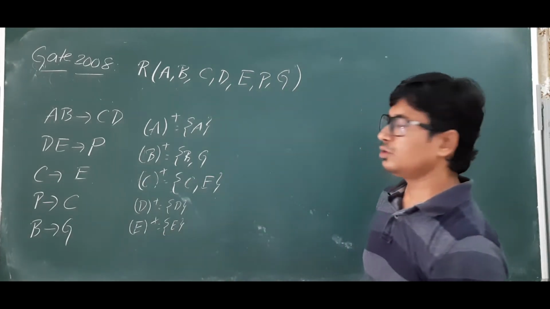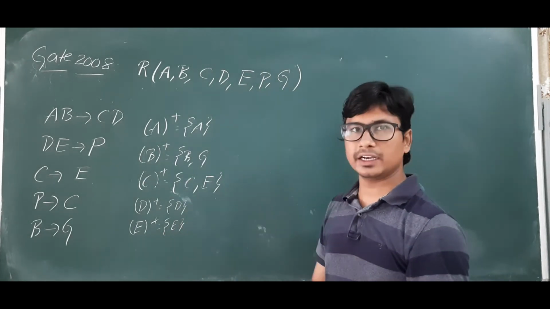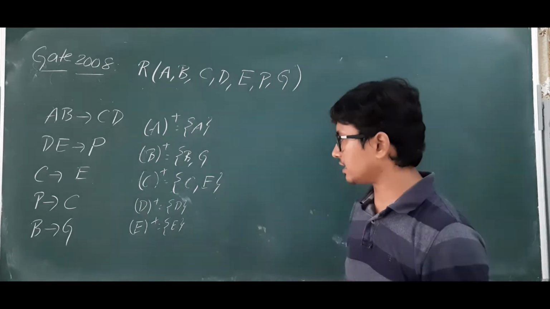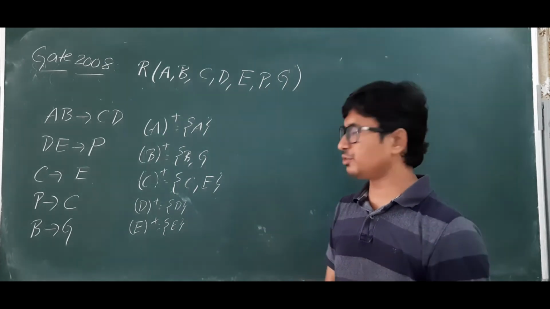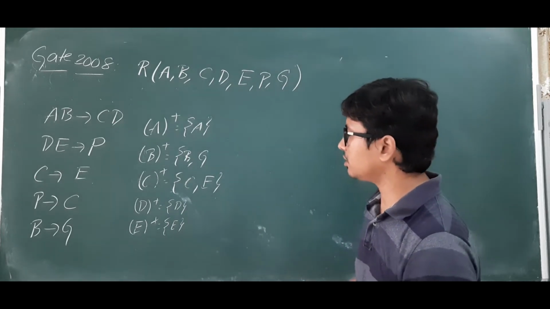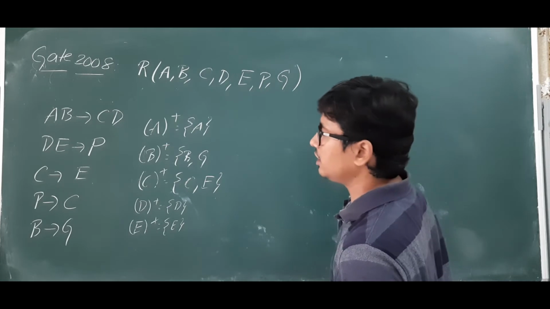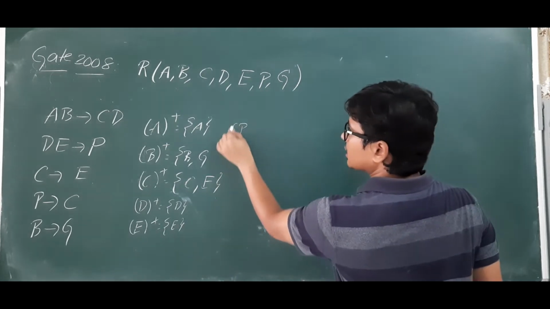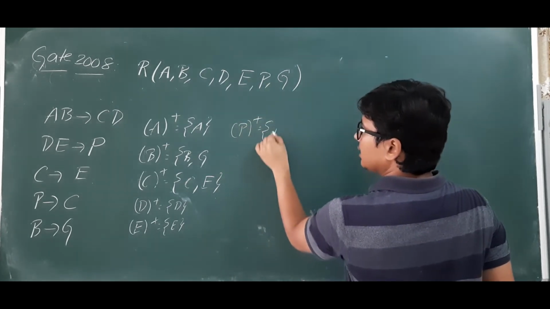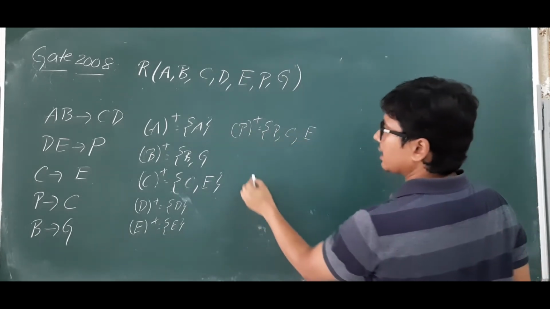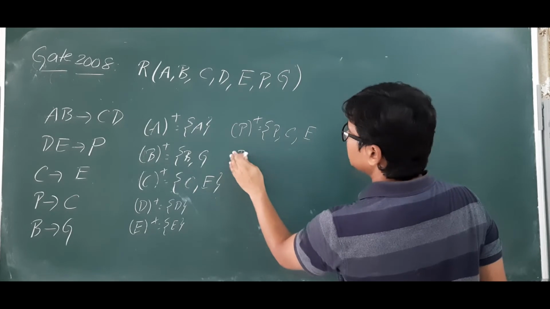Those who know how to calculate the candidate key, pause the video and do it yourself so that you can also practice it. But for those who do not know how to find the candidate key, I am doing it for them. E will consist of only E. Then P closure will consist of P, C, E, so P is not a candidate key. B we have done.